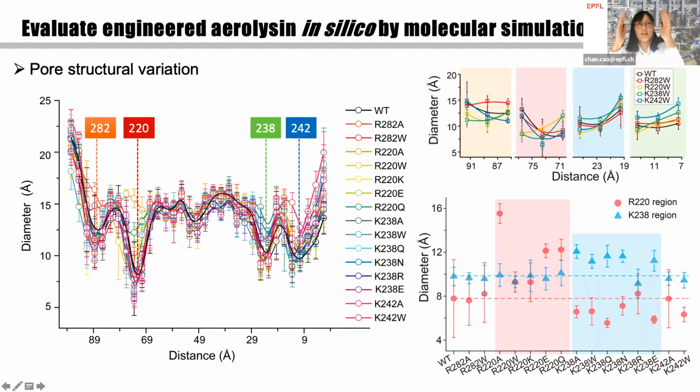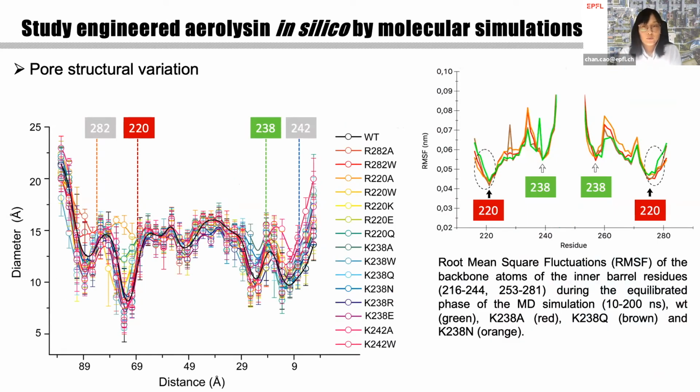So basically, you mutated the bottom, but the top became narrower. And more interestingly, we did the RMSF calculation of these different positions. The mutation at the bottom actually makes the fluctuation of the 220 region more rigid. So you make it narrow and rigid, which is perfect for molecular sensing.